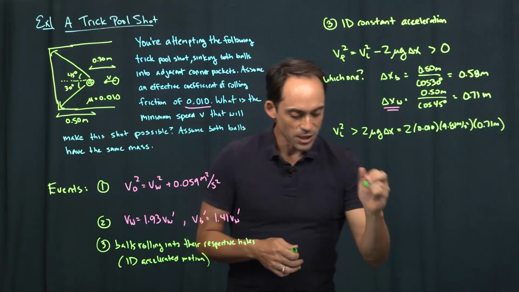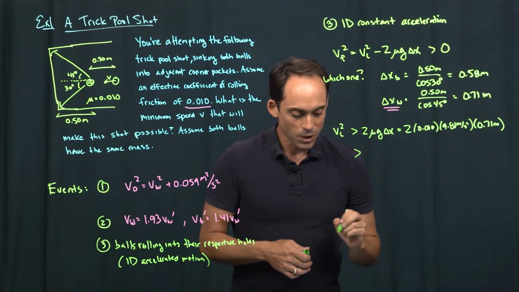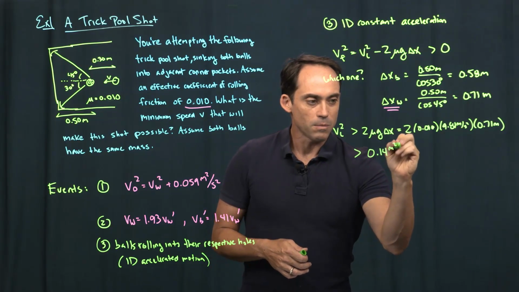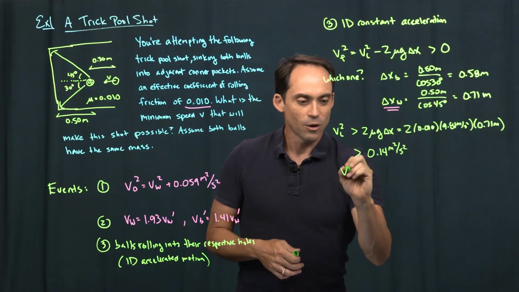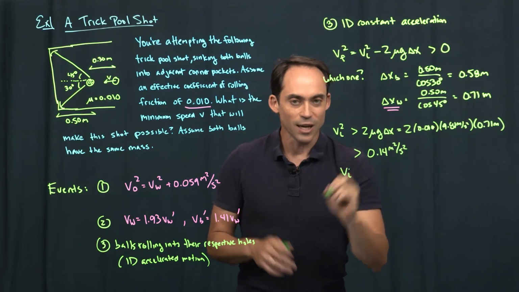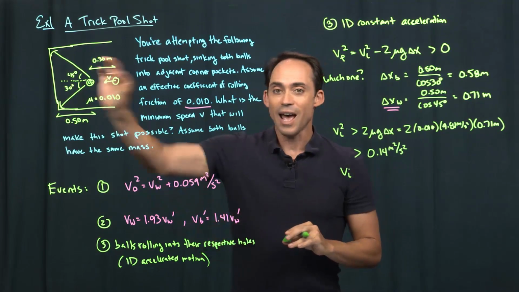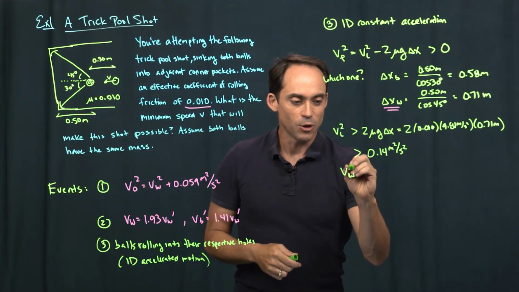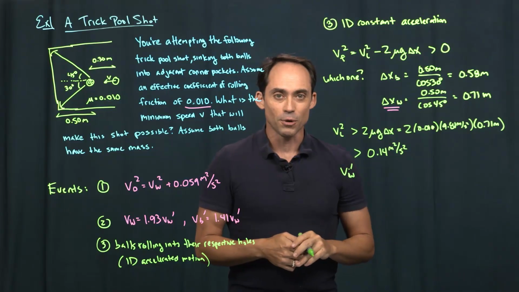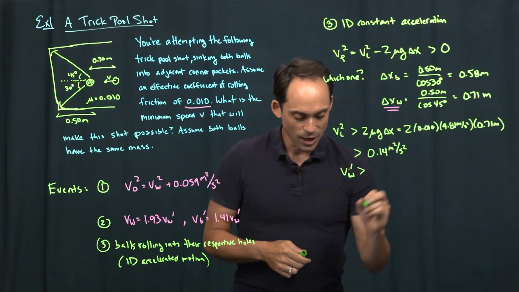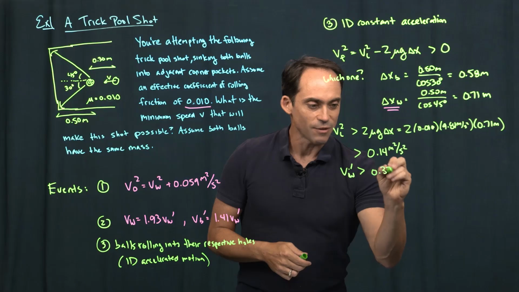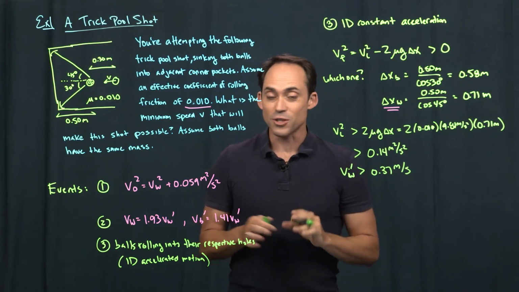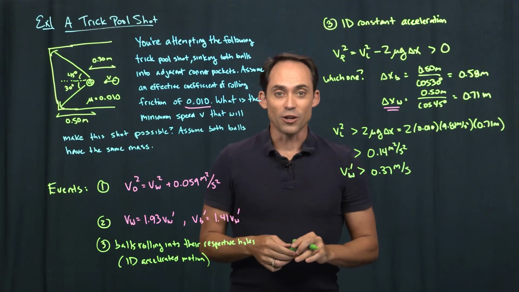And when you put all those numbers in, you get that the initial speed squared has to be at least 0.14 meters squared per second squared, or the initial speed, and this is the initial speed after the collision of the white ball, so that's really VW prime, has to be greater than 0.37 meters per second.